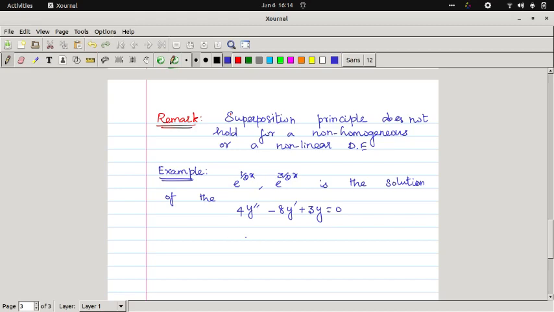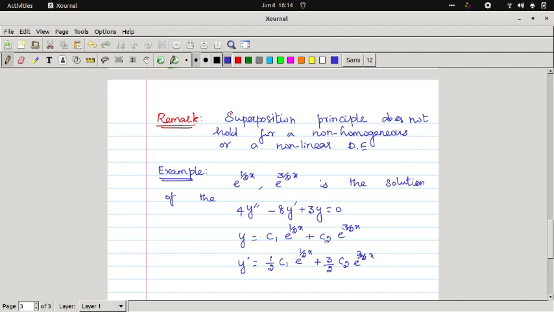Suppose the linear combination is y equal to c1 times exponential of 1 by 2 times x plus c2 times exponential of 3 by 2 times x. Now what is y prime? Y prime is 1 by 2 c1 exponential of 1 by 2 times x plus 3 by 2 times c2 exponential of 3 by 2 times x.